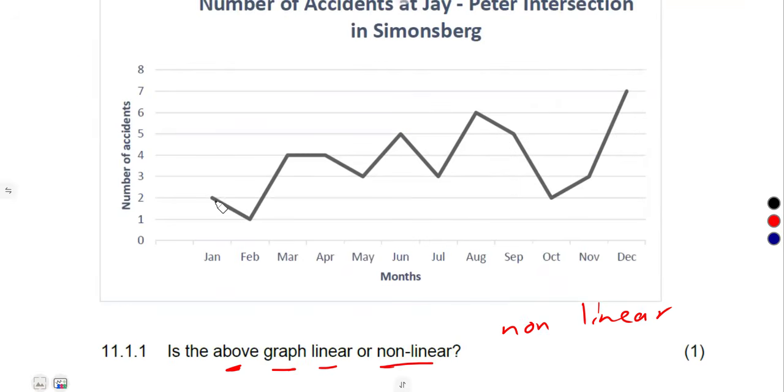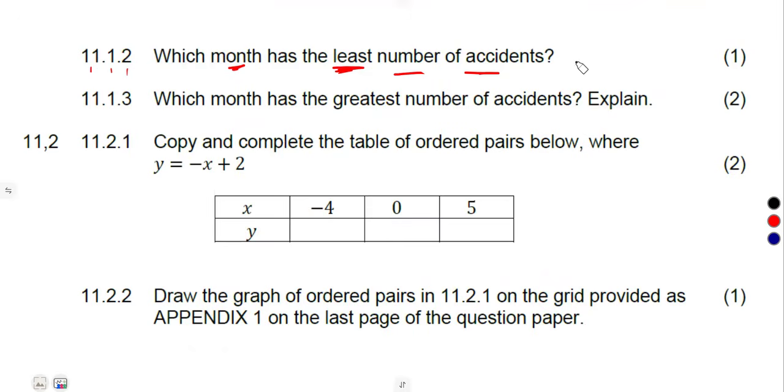According to the graph, we can see that the lowest value, compared to any other value that we are given, occurs in the month of February.